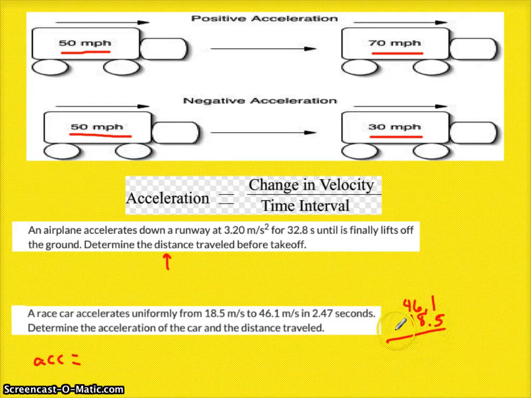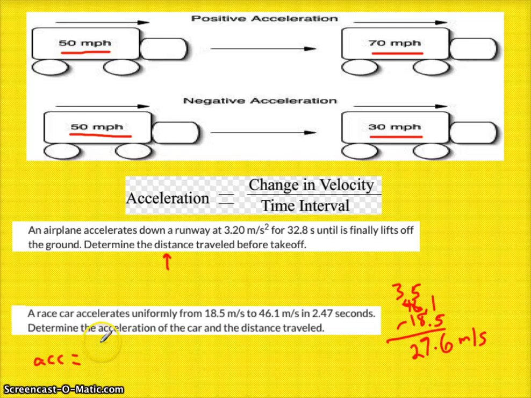Let's see, we are subtracting here, so that is what, 6? Make that a 5. Oh, that is what, 7? And make that a 3. So we have 27.6 meters per second. That is the change in velocity because we're going from 18.5 to 46.1.